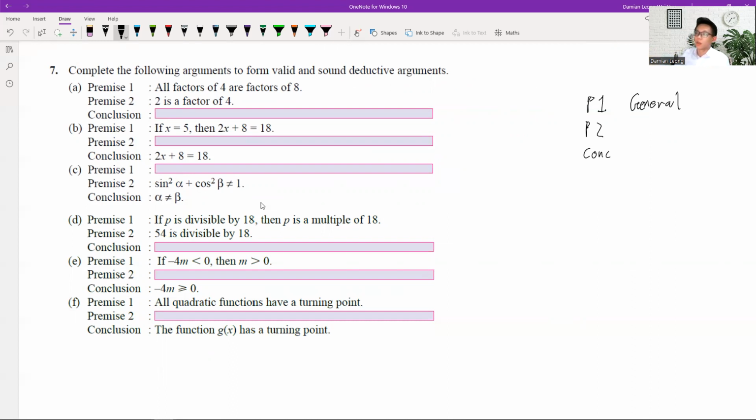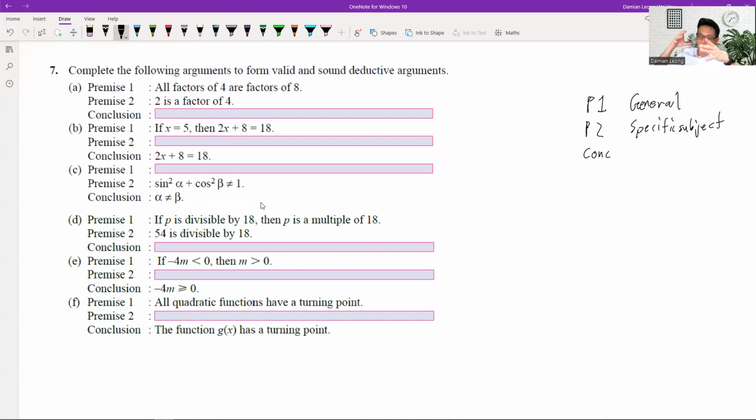So premise 2 will be a specific subject. Instead of saying all dogs, now I specify my pet. My pet is a dog.